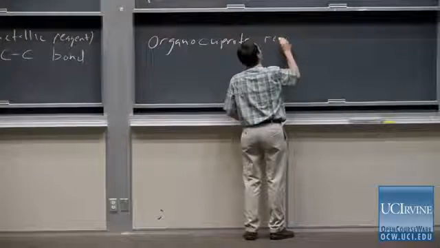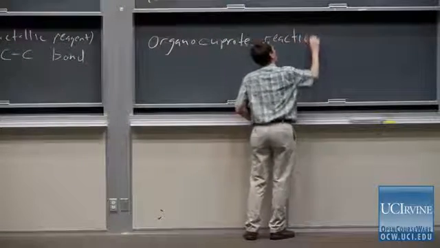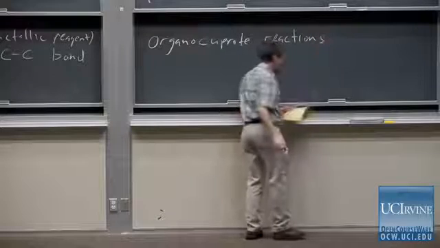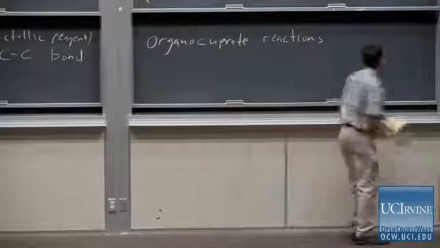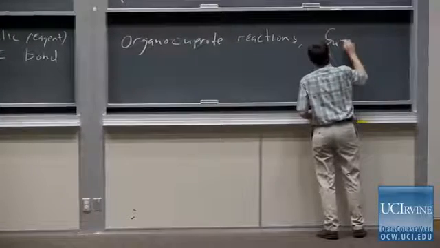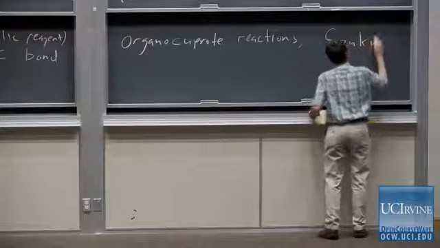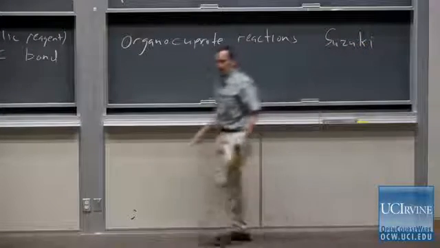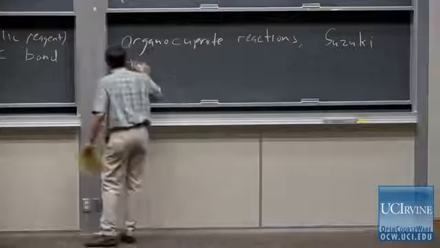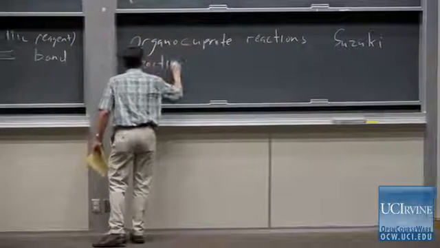We'll talk about organocuprate reactions, and then I want to talk about two Nobel Prize-winning reactions, the Suzuki reaction, which we do in my advanced laboratory class. It's a beautiful reaction and a powerful reaction.